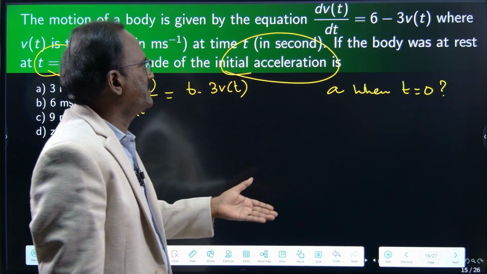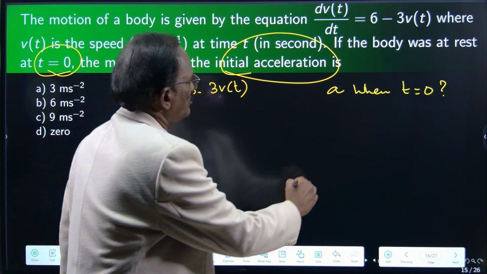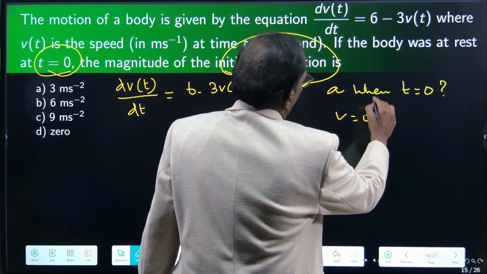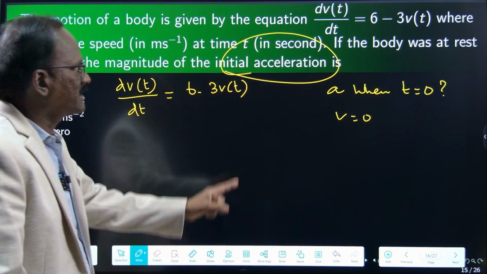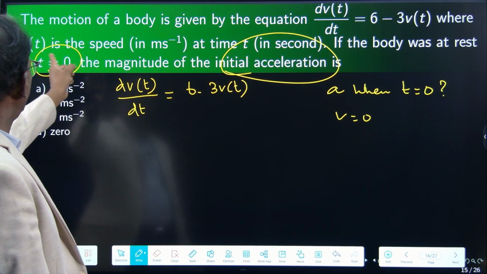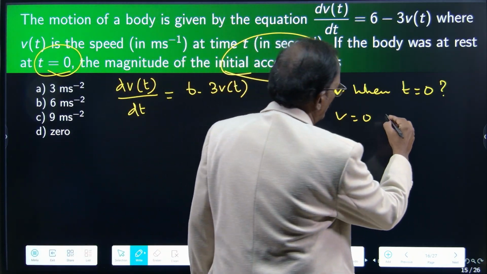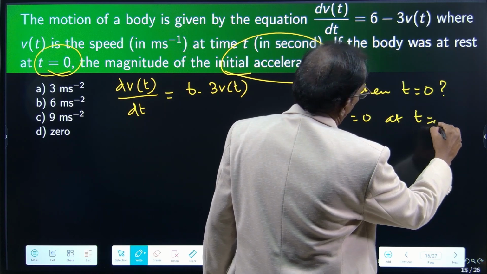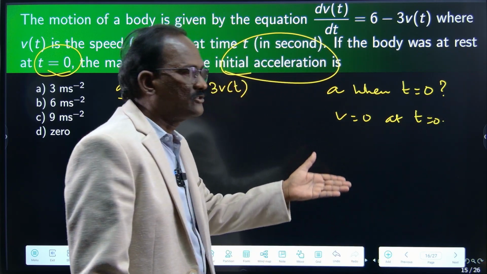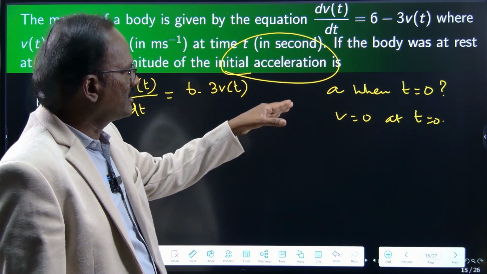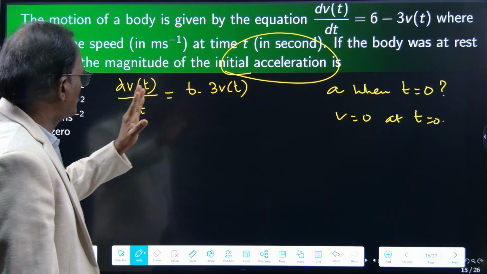Initial acceleration means v is equal to 0. Look at the question, if the body was at rest at t is equal to 0, v is equal to 0. At t is equal to 0, a is equal to what when v is equal to 0? That is the question, right?